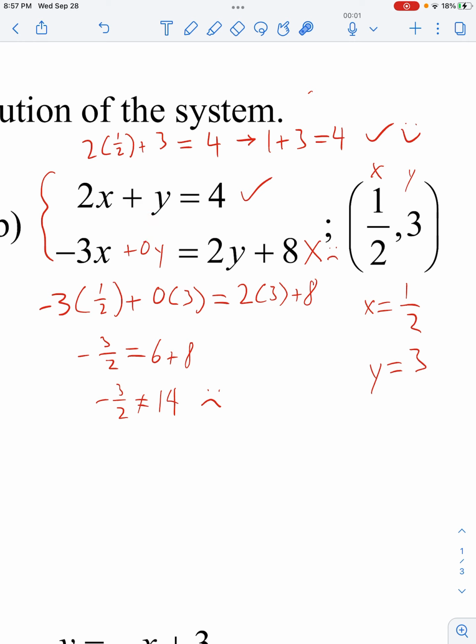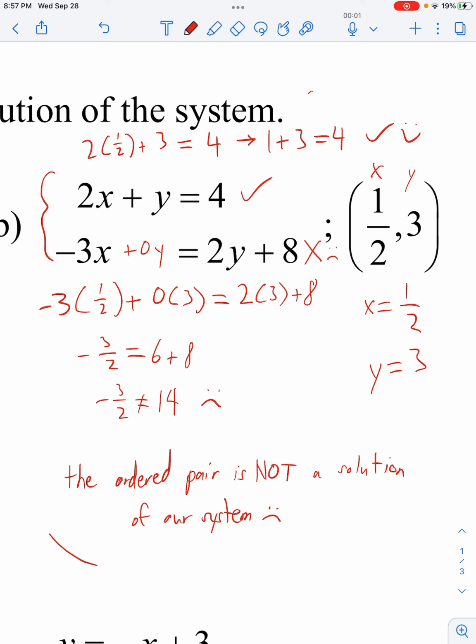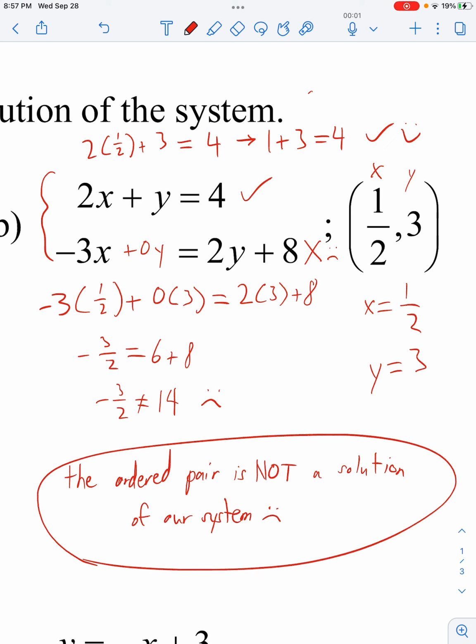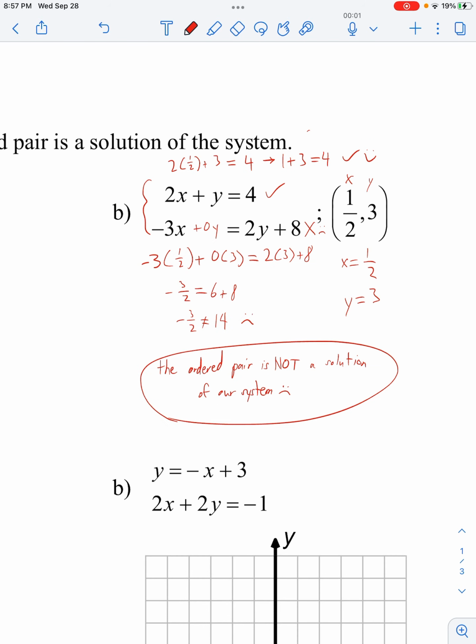Since it only works when we plug it into the top equation, and it does not work when we plug it into the bottom equation, we have to say that the ordered pair is not a solution of our system. All right, there you go. Hate to burst your bubble.